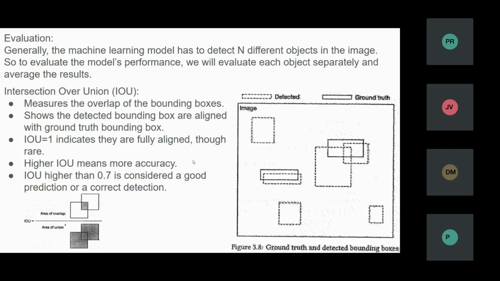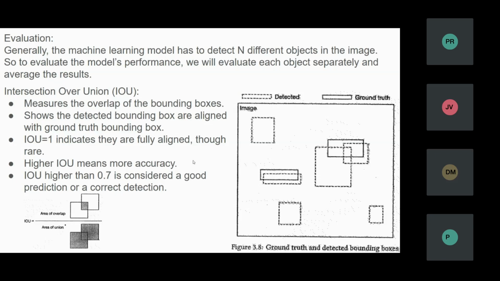An IOU of 1 indicates that they are fully aligned, though it is rare for a model to predict with an IOU of 1. A higher IOU means more accuracy. An IOU higher than 0.7 is considered a good prediction for a correct detection.